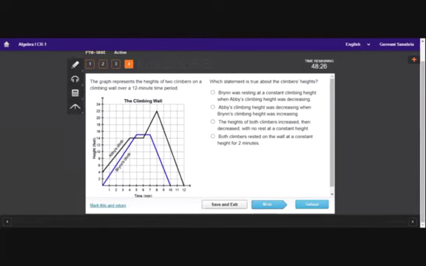I mean, that one, Bryn was wrestling at a constant climbing, which is false. I think it's the last one, right? Both climbers, because they both wrestled for 2 minutes. Yep, because Bryn's was from 5 to 7, and Abby's was from 4 to 6. Yeah, that flat part is where they were resting. Cool.